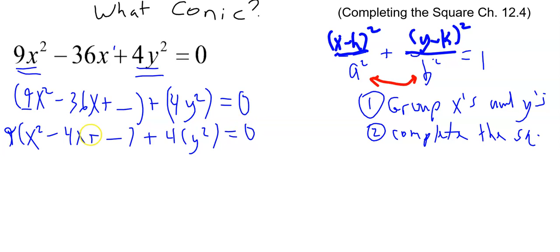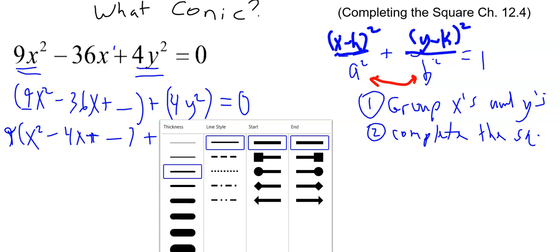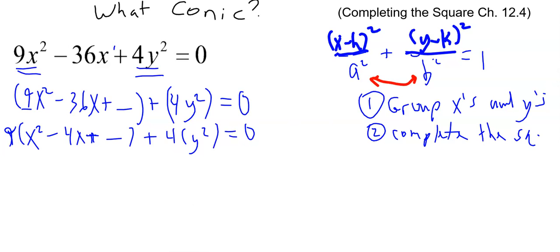I'm going to complete the square. What that means is we're trying to figure out what value goes in here. This is going to be half of 4 is 2. 2 squared is 4. So we're going to put 4 there. Now to the other side, I have to be fair and add the same amount. But I effectively am adding 36 to the left-hand side. So I have to add 36 to the right because that 9 is being multiplied by everything in that parentheses.